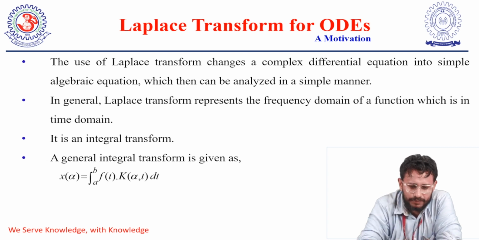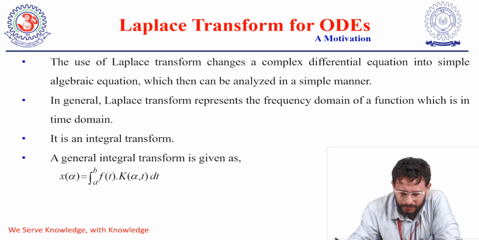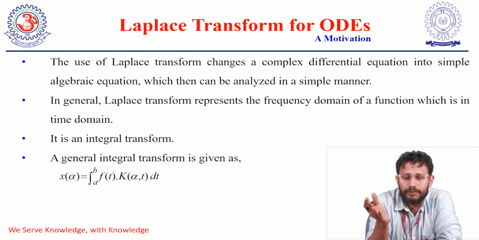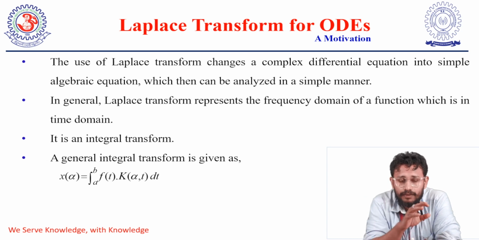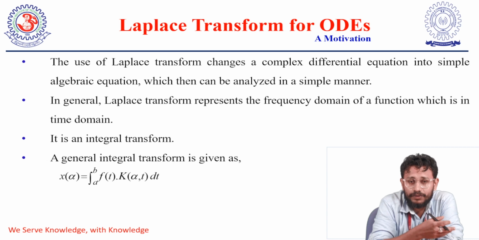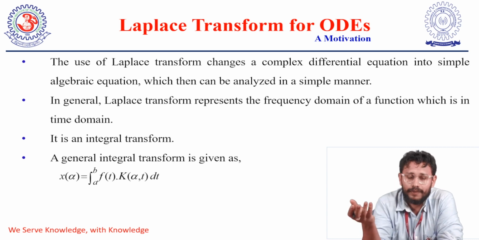Now, if you observe this, we would often refer to the Laplace transform as an integral transform. In general, a transform is basically bringing a function from a particular domain and dumping it to another domain.